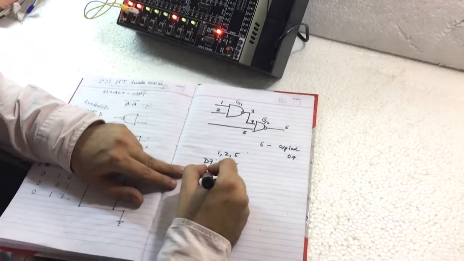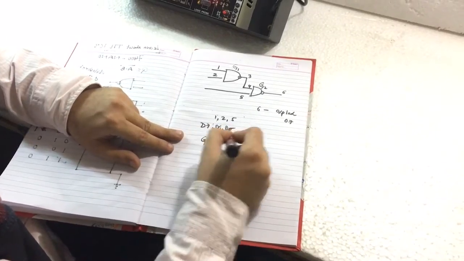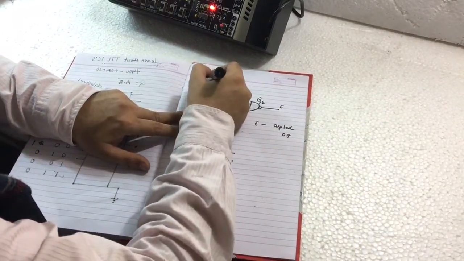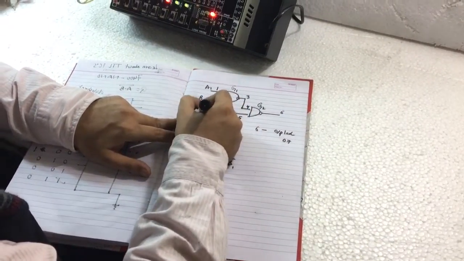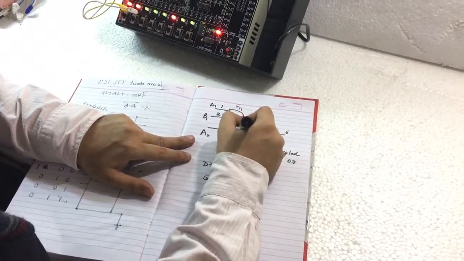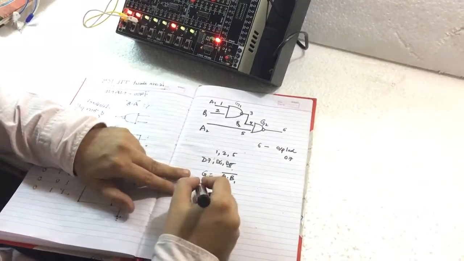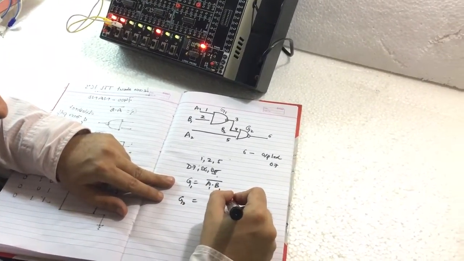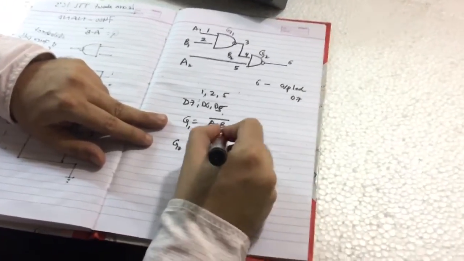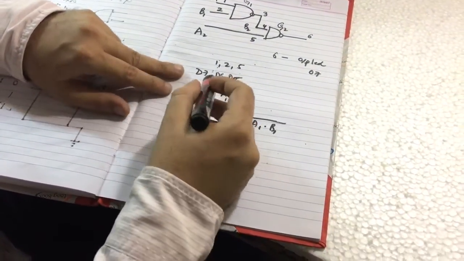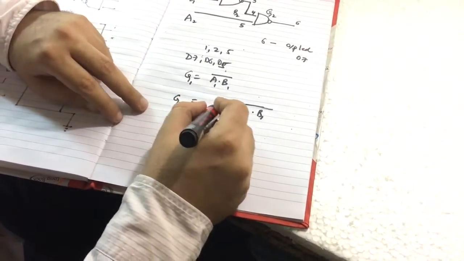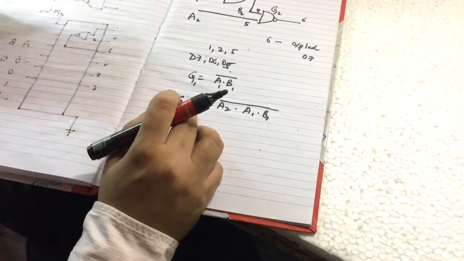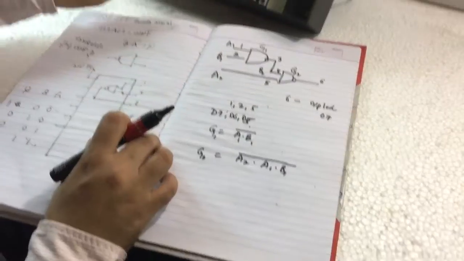So the output of G1 will be A1 dot B1 complement, and the output of G2 will be A2 dot A1 dot B1 complement. Now I will give different values of A1, A2 and B1 and correspondingly check my truth table by doing manual calculation, then see it experimentally.